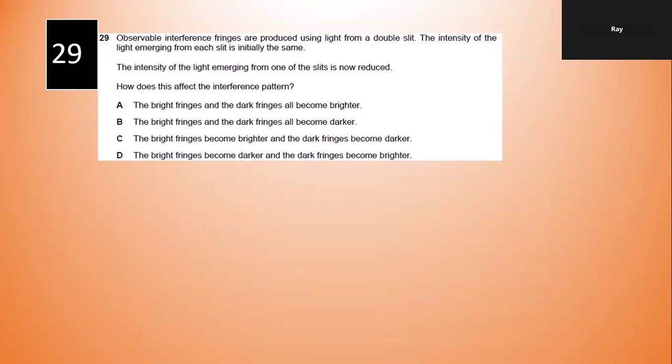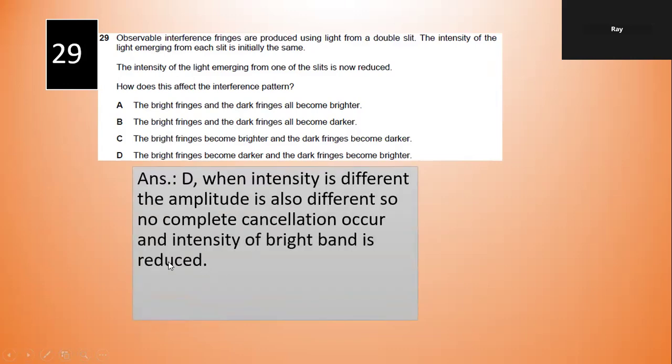The intensity of light emerging from one of the slits is now reduced. How does it affect the interference pattern? The bright fringes and the dark fringes become darker. Let's see. When the intensity is different, the amplitude is also different.